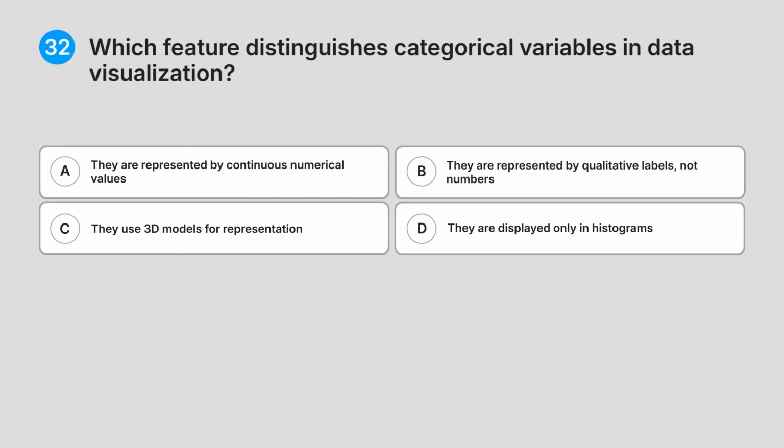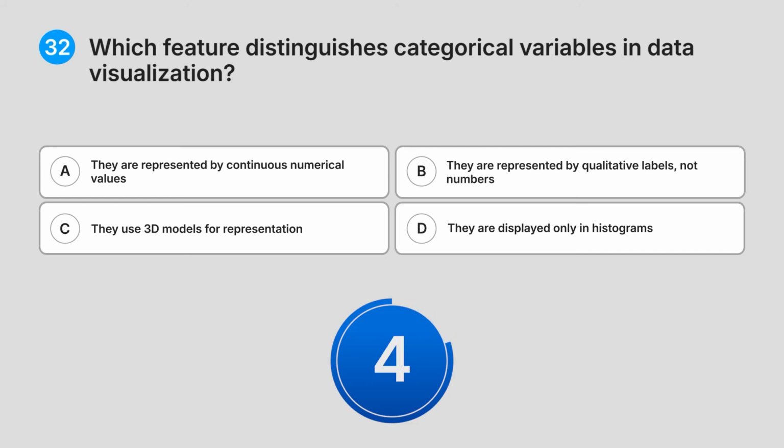categories. 32. Which feature distinguishes categorical variables in data visualization? A. They are represented by continuous numerical values. B. They are represented by qualitative labels, not numbers. C. They use 3D models for representation. D. They are displayed only in histograms.